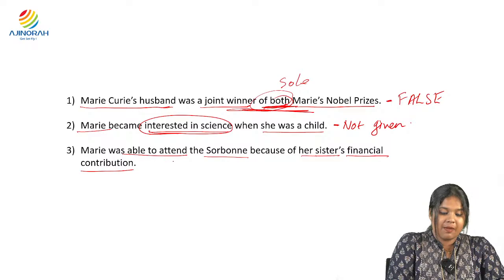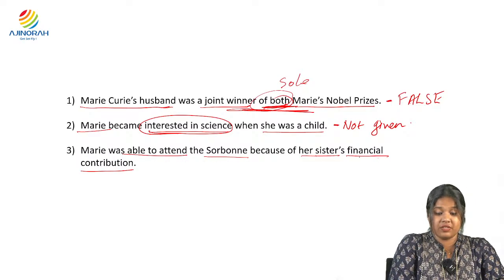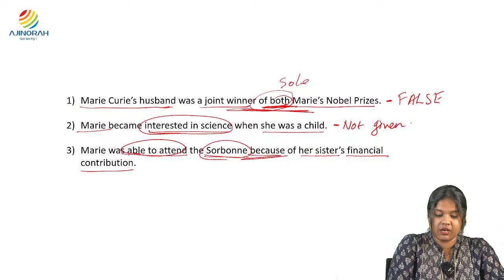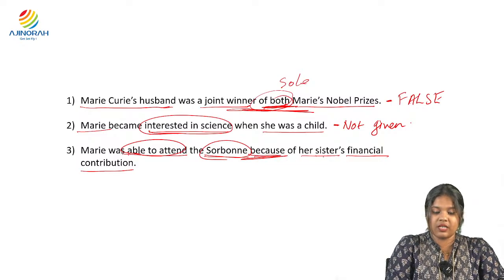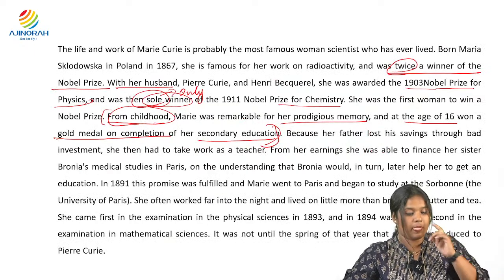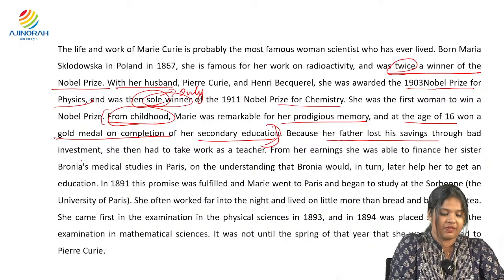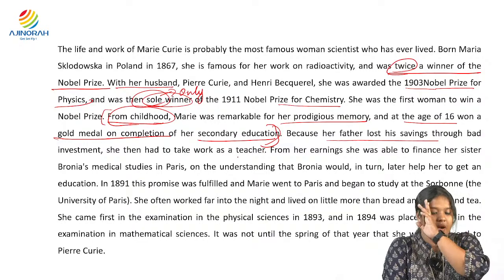Mary was able to attend the Sorbonne because of her sister's financial contribution. Because her father lost his savings through bad investment, she then had to take work as a teacher.